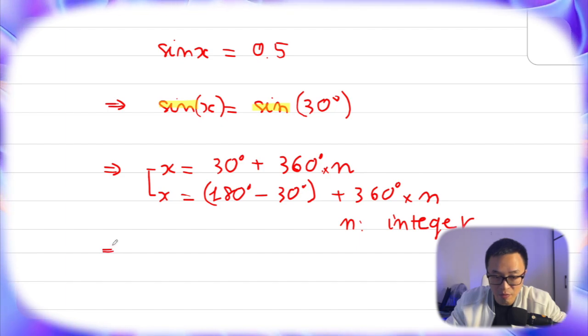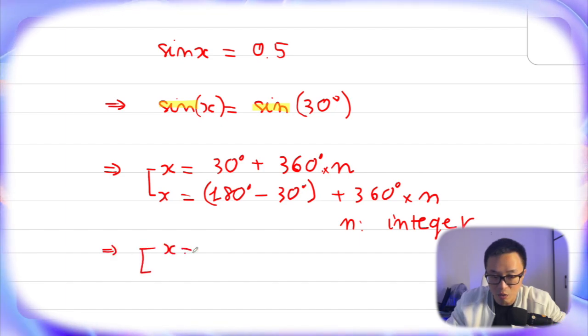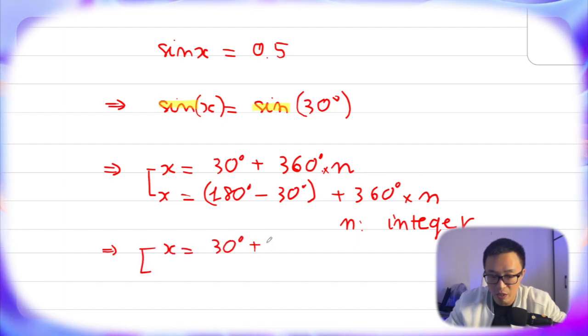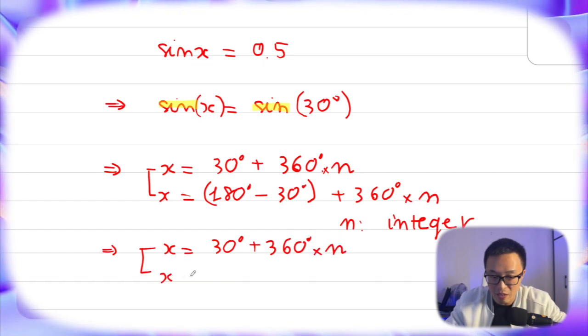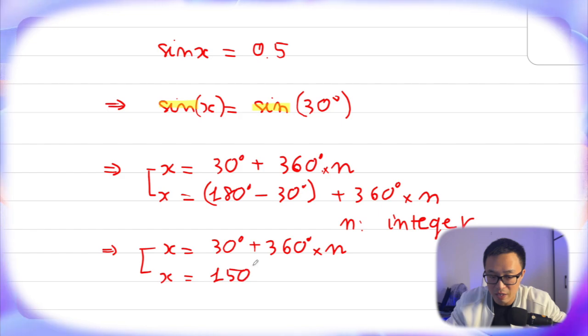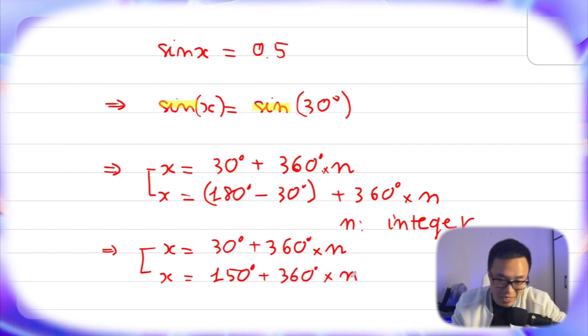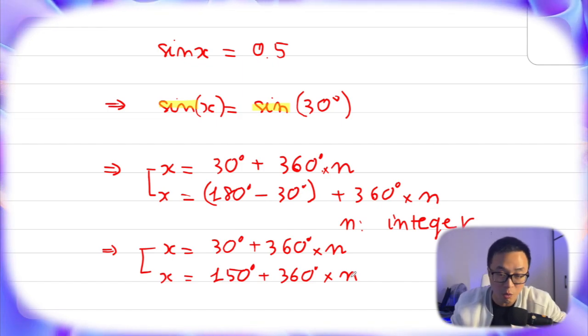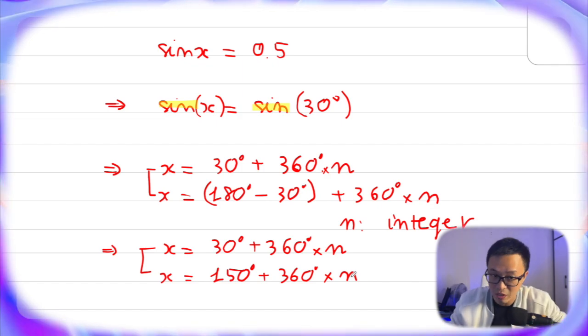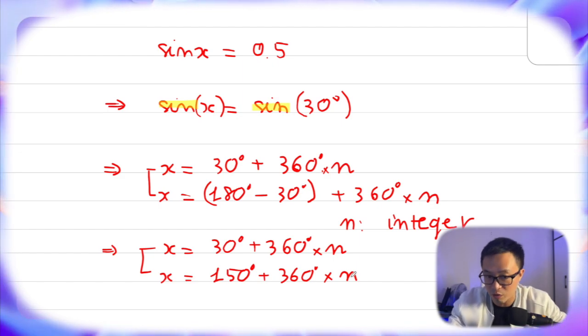Okay, and solving this, the first equation will be 30 degrees plus 360 degrees multiplied by n, and the second one will be 150 degrees plus 360 degrees multiplied by n. You can see that by using this formula, you can solve the trigonometric equation without using the unit circle. That is the first example for this formula.